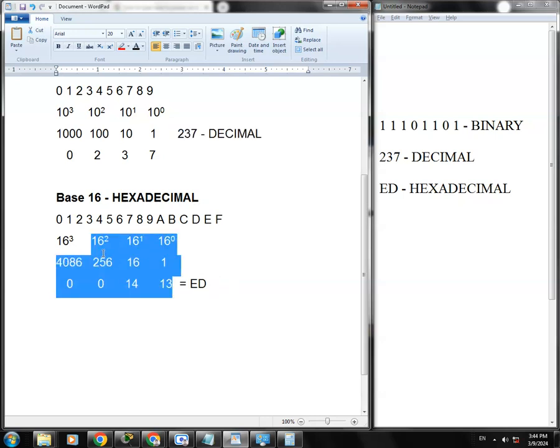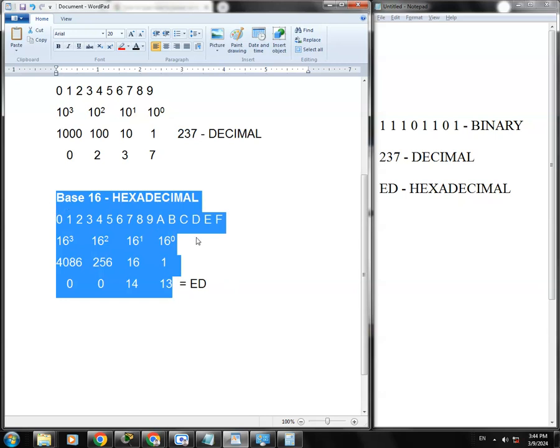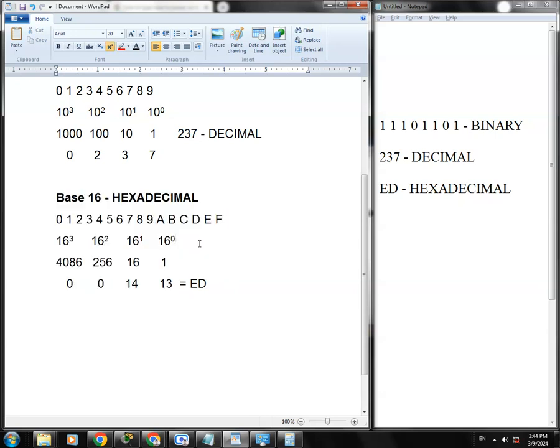By using this formula on the base 16 hexadecimal, we can determine the decimal value. With this ED, supposedly in hexadecimal, it should have 4 characters. You notice that I did not include the 0s because they don't have a value, but this time let's include those 0s to find out the decimal.